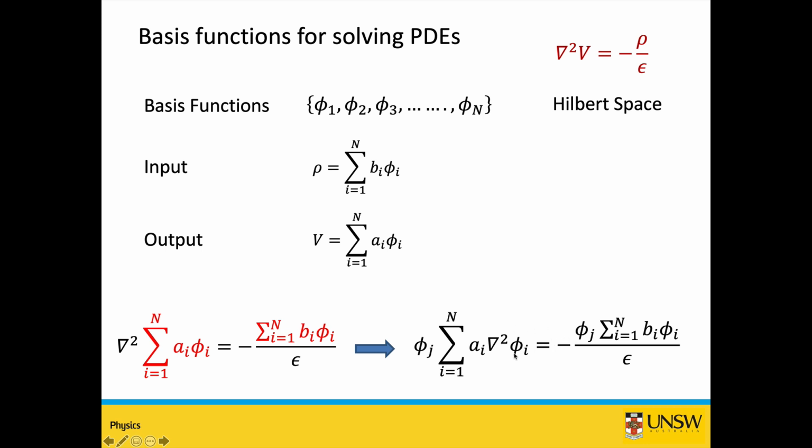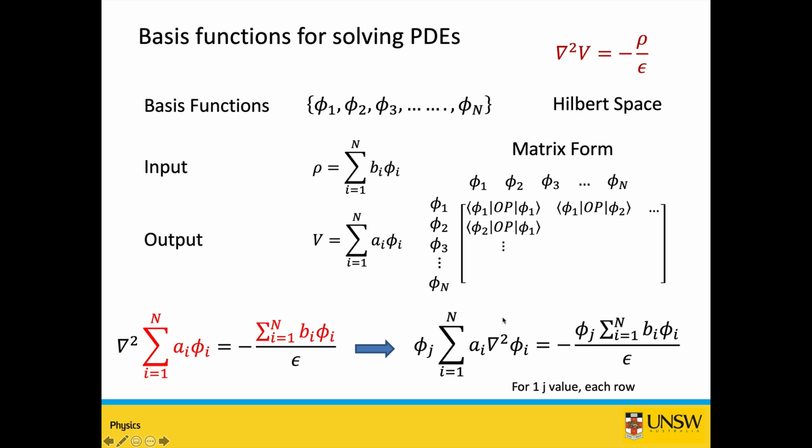And now you can see that this can be easily written as a matrix equation, that is, basically an equation that has matrix elements between two basis functions from the set, phi i and phi j. So this equation here actually represents just one row of this matrix.